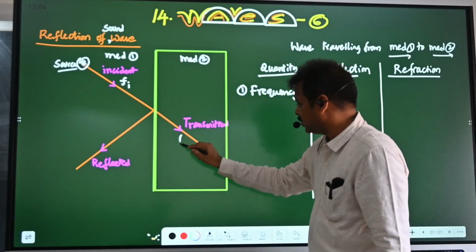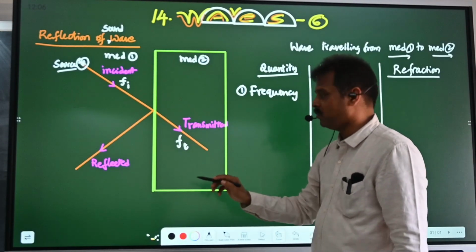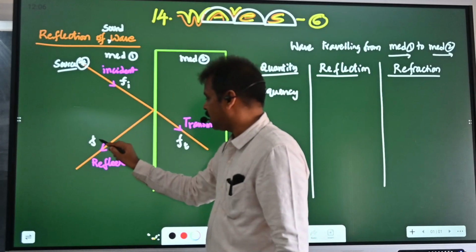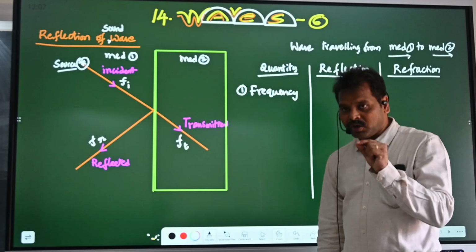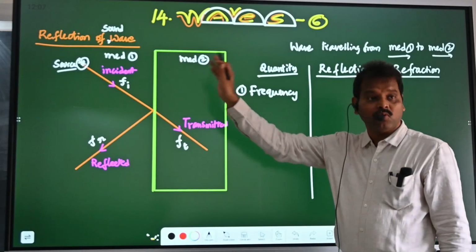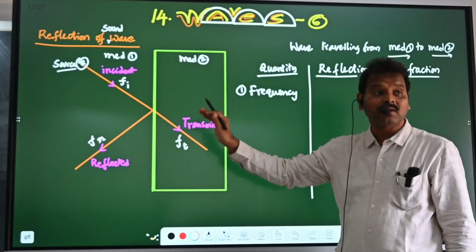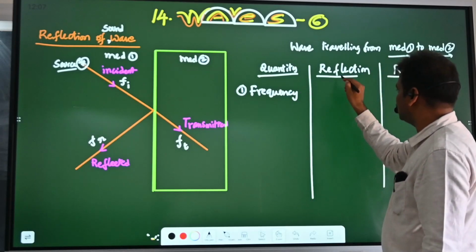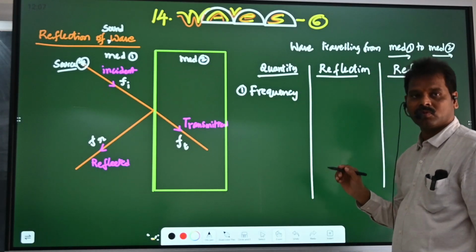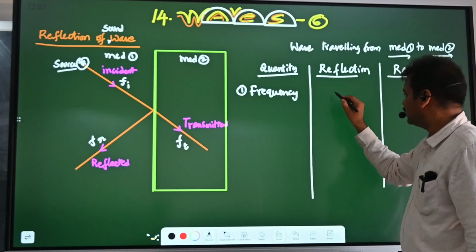And what is this frequency of the transmitted wave? This is the frequency of the reflected wave. Frequency only depends upon the nature of the source. It does not depend upon medium. So now tell me, what happens to the frequency after reflection? Do not change. Can I say same?